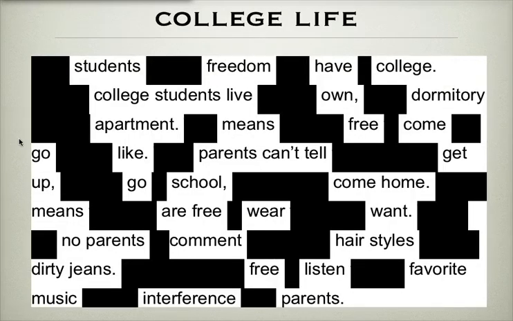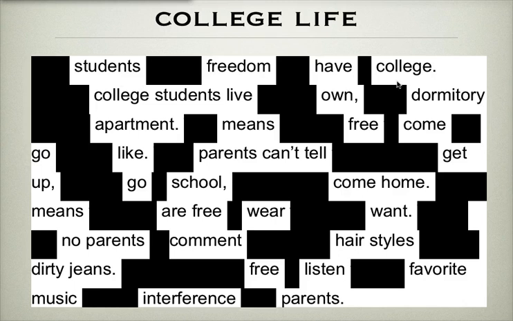So here's an example I have of a paragraph titled College Life. The words that you see are only the key words, and I went ahead and blocked out all the other words in here. So just by quickly passing over the paragraph, you can get a very general idea of what this paragraph is about. Immediately when I look at this paragraph, I see keywords such as students, freedom, and college.